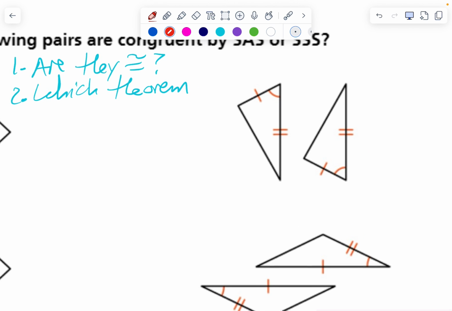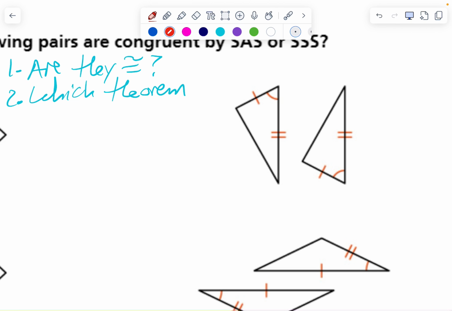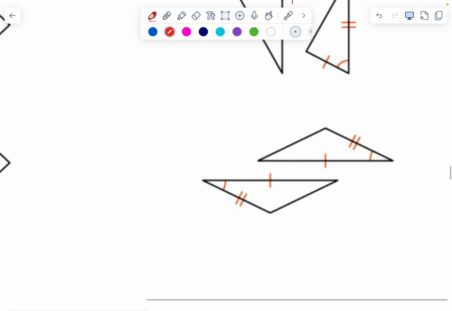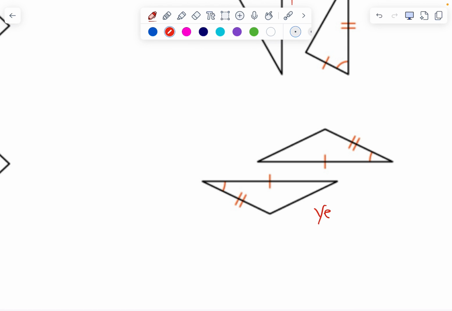Okay, upper right one. Are those congruent? By what? SAS. Yep. And then how about this bottom one? Also SAS. You can note how I'm talking through it, going around the figure.